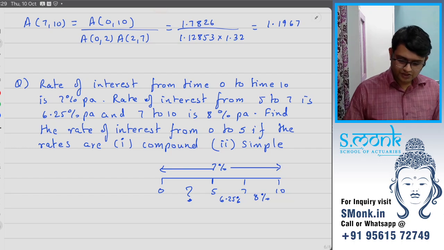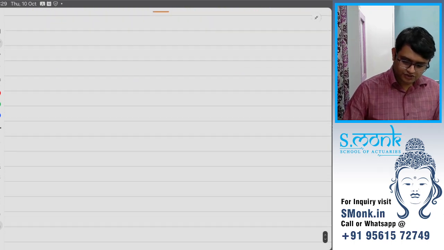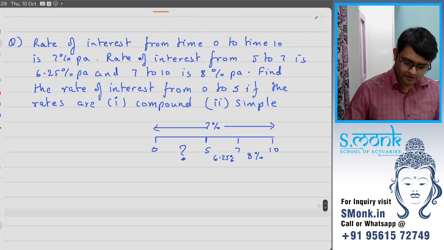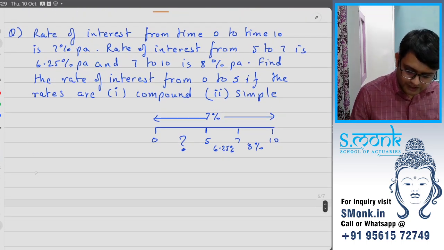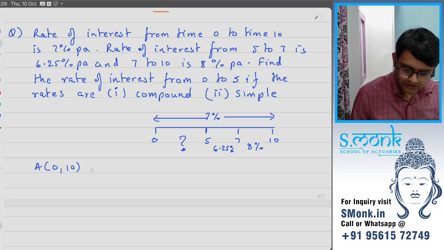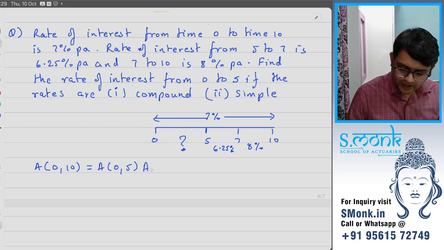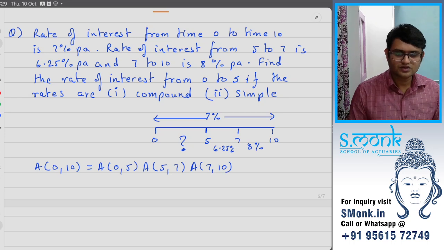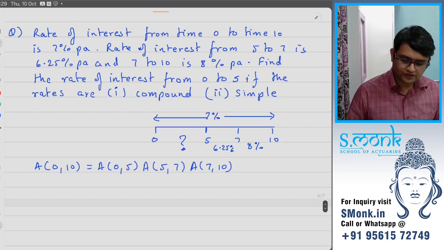So we'll simply use the principle of consistency and say the accumulation factor from 0 to 10 must be equal to accumulation 0 to 5 into accumulation 5 to 7 into accumulation 7 to 10. This 0 to 5 is what we want to find.